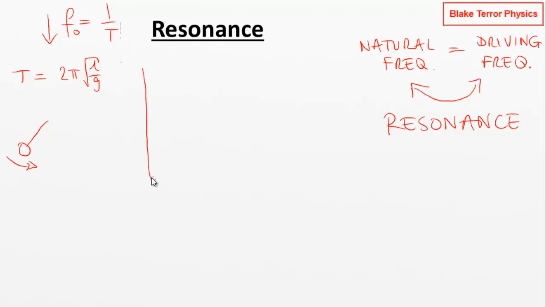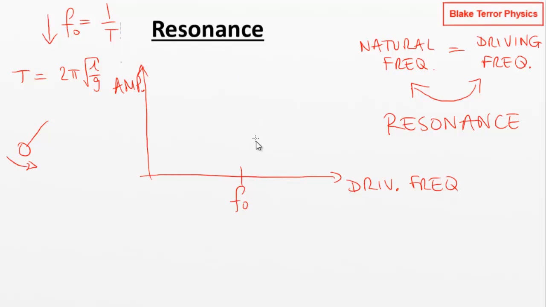They often get us to draw these sort of graphs in exams, where you have the driving frequency on the x-axis and the amplitude that's produced on the y-axis, and when we hit f0 as our driving frequency, then in theory we've got this asymptote going on, that we're going to have this infinite amplitude.